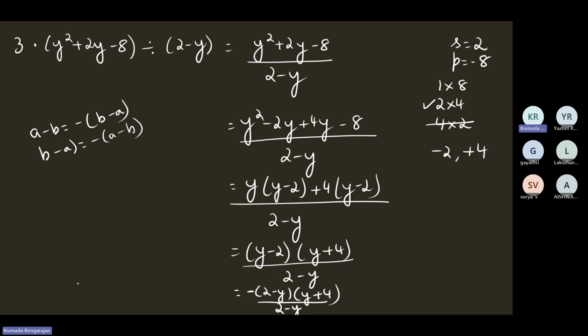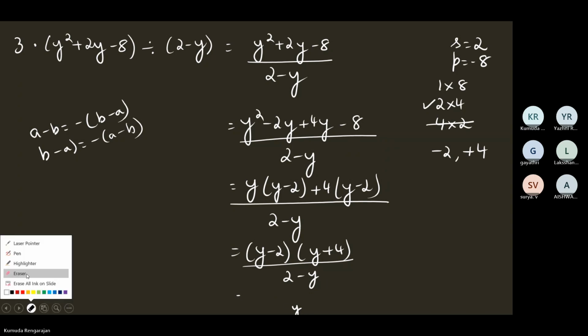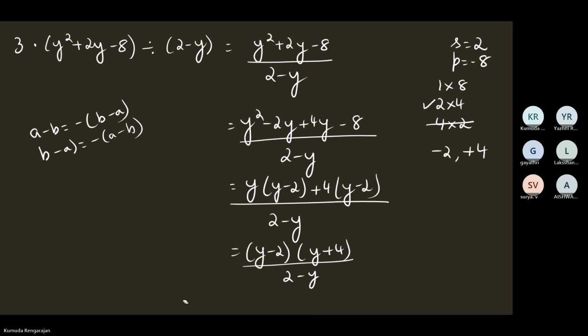I'll write it here: minus of 2 minus y. Y minus 2 can be written as minus of 2 minus y, into y plus 4, divided by 2 minus y. So minus of y plus 4.